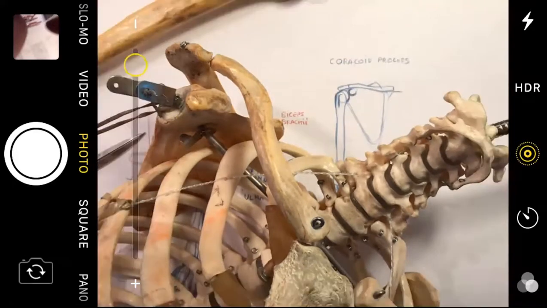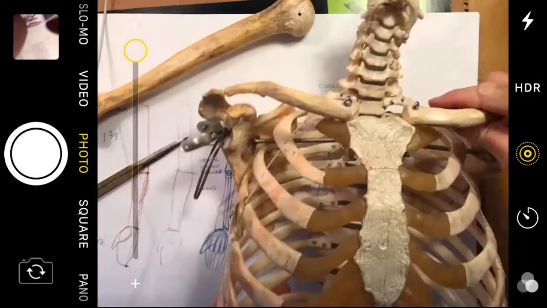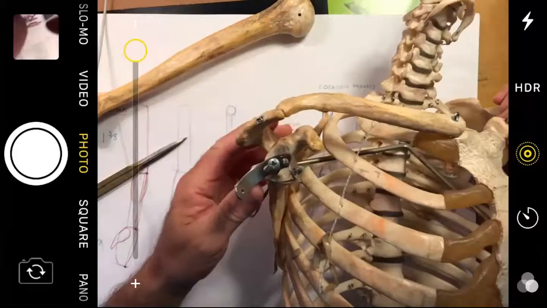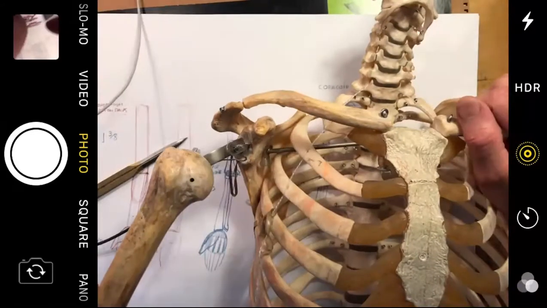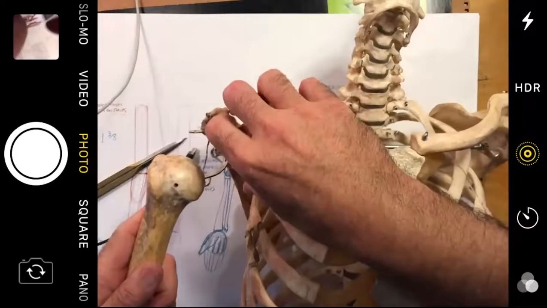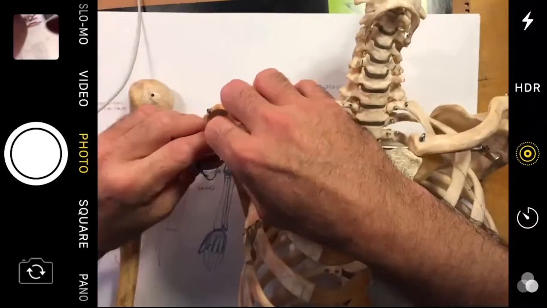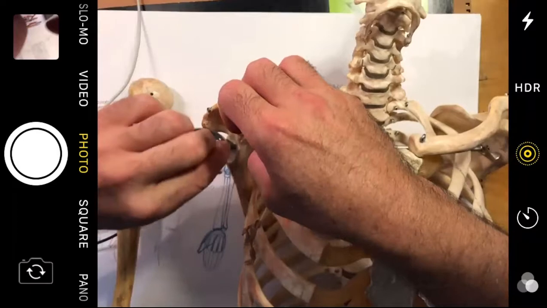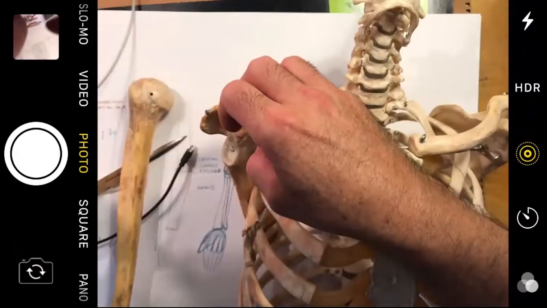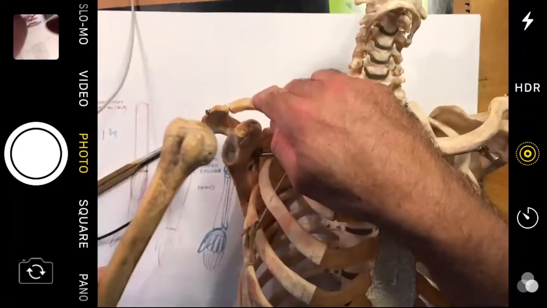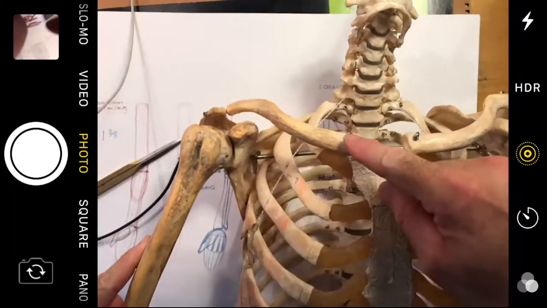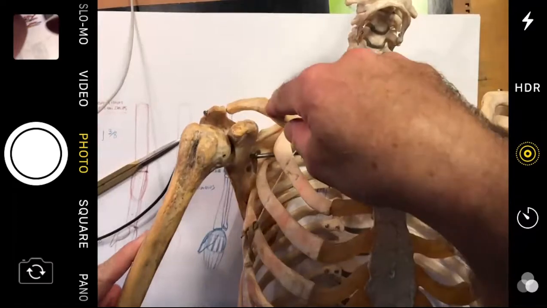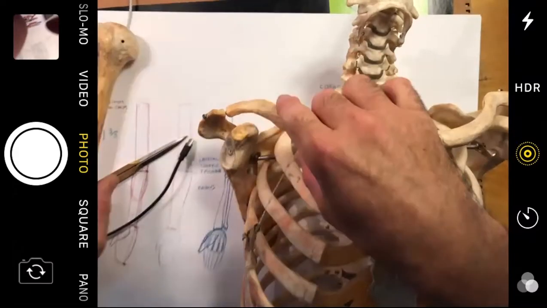So just to give you a better idea, right? So the head of the humerus is going to be here, like this, right? In contact with this. Actually, let me take this out. So it's going to become more clear, right? Here. The head of the humerus is here. This is the coracoid process. See that? Coracoid process. This is the clavicle, right? Collarbone. The clavicle connects with the acromion, which is part of the scapula.